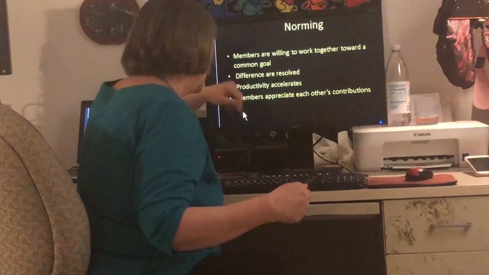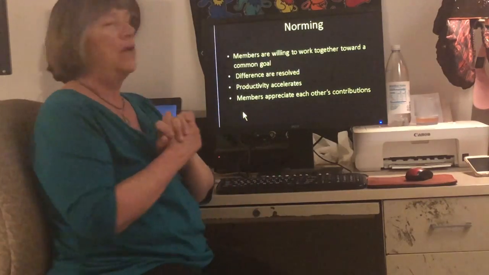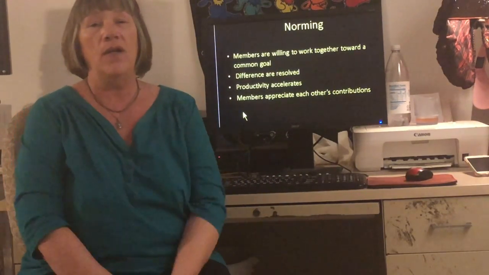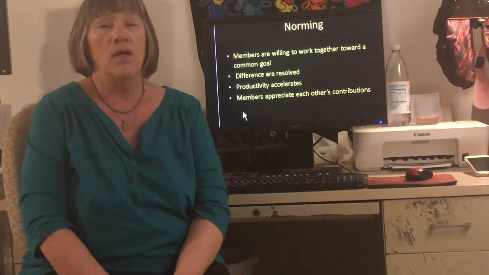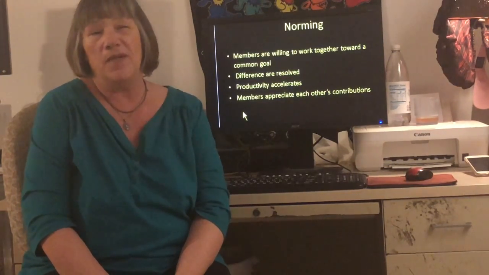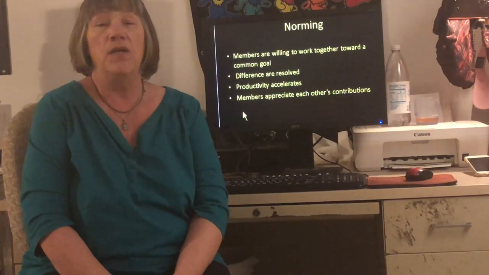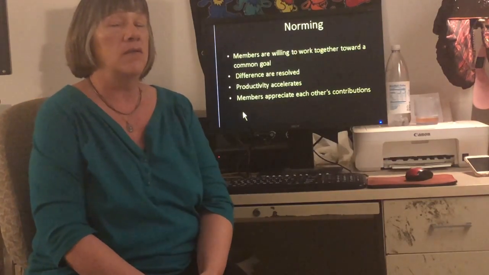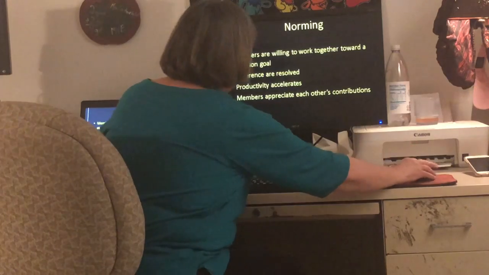And members start to accelerate each other's contributions. So instead of saying, you didn't get that to me on time, they say, what can I do to help you get your part of the project done? And maybe have opinions about it later, but for the sake of the task in the group, these are the kinds of psychological and behavioral things that are exhibited in the norming part of a group starting to get something done.